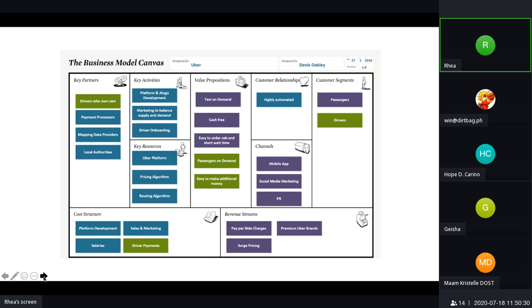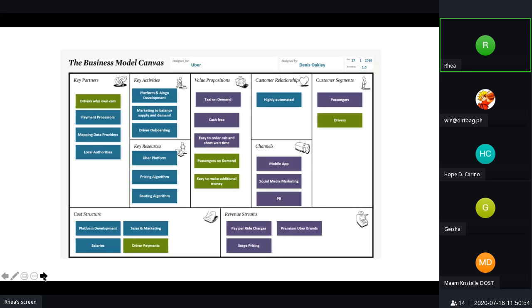Their value proposition, what makes Uber unique and better, they have taxi on demand. You can just ride a cab without cash. So it's cash free, easy to order cab, and short wait time. Do remember that they have different colors. The colors coincide.